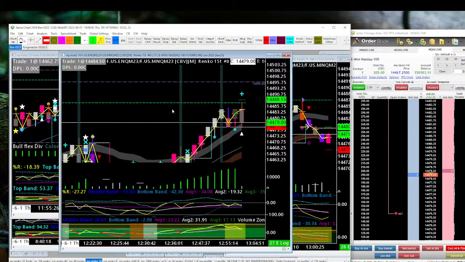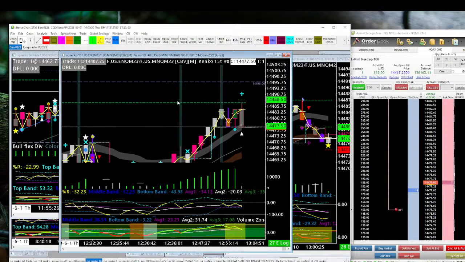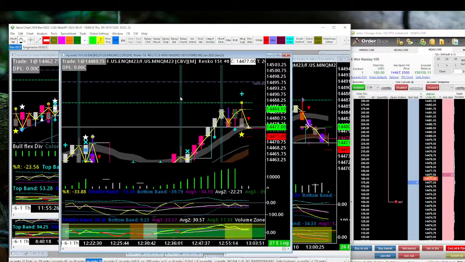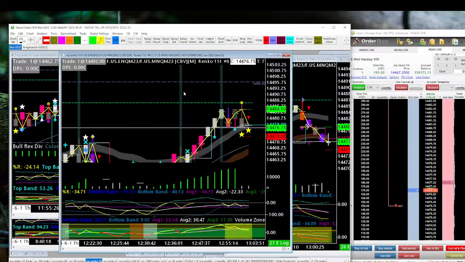They need to show up here. It could take my stop and go higher, but I don't want to give up 20 points. So we'll just see what happens.